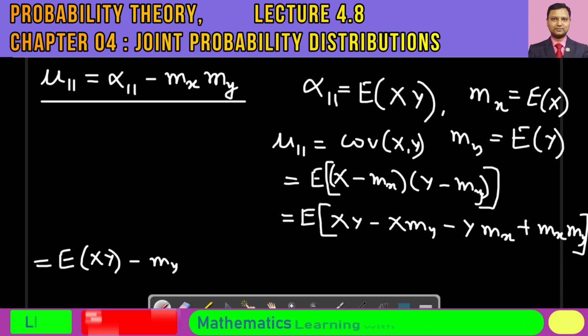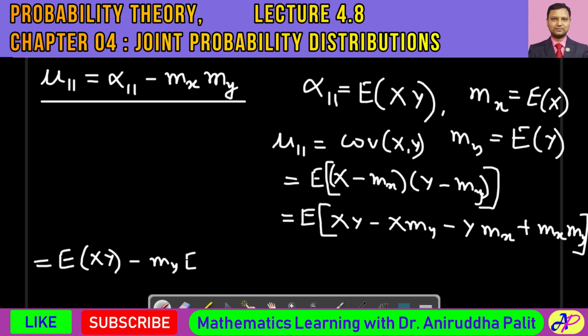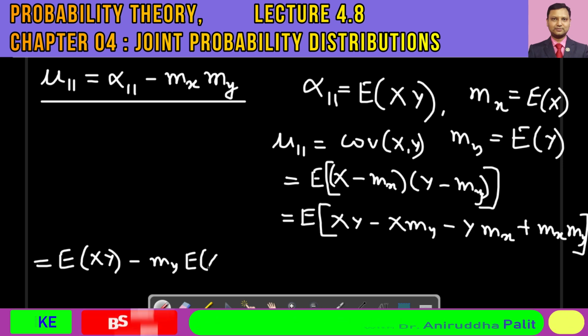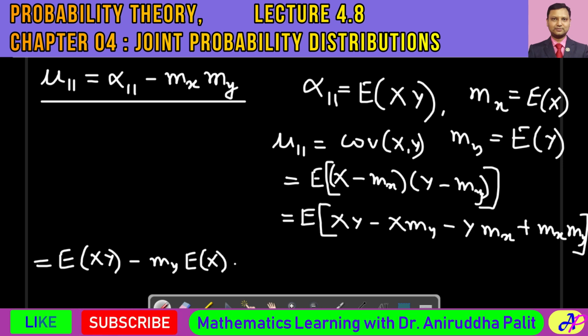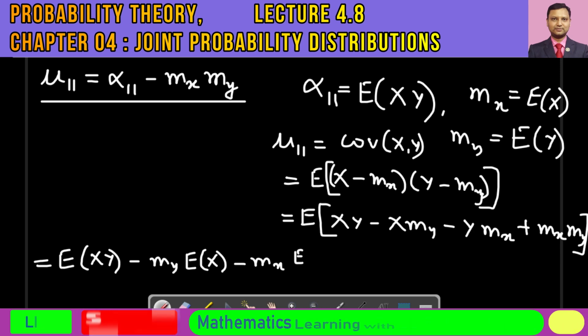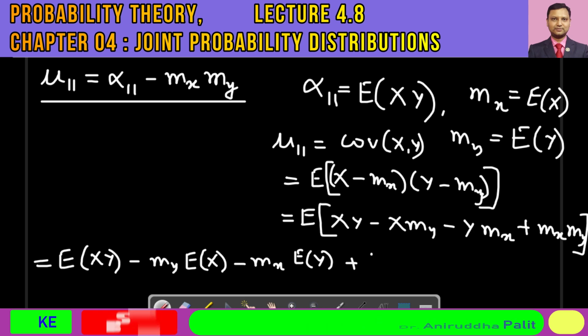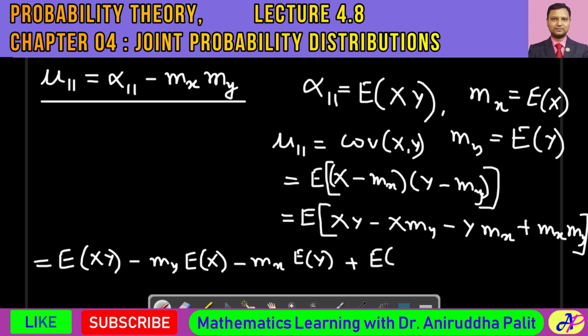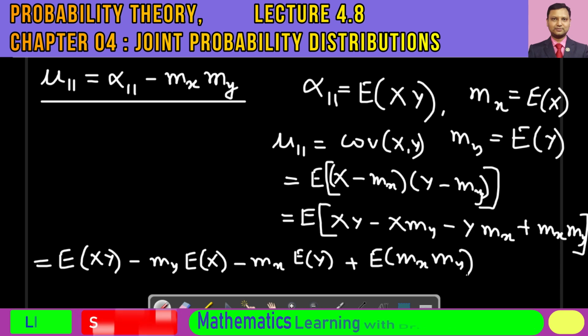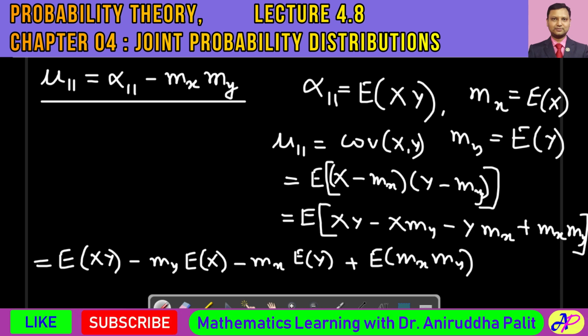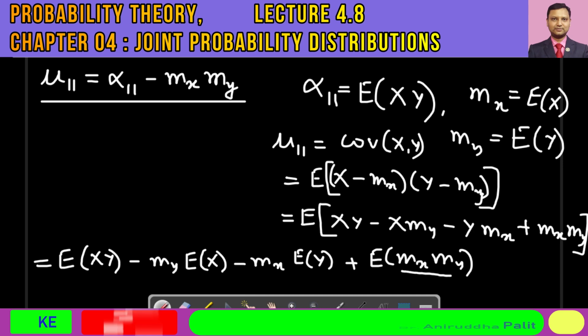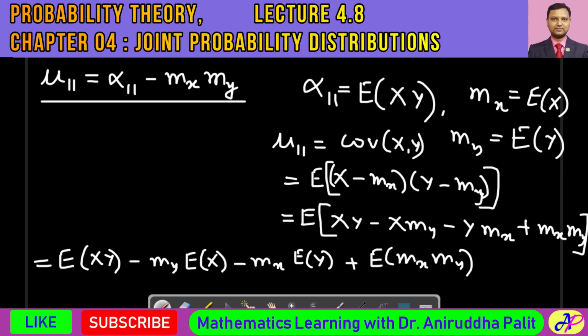Now the expectation of this total quantity would be equal to the expectation of xy minus x my minus y mx plus mx my. My is actually a constant, so we can take it outside the expectation symbol. So that would be the expectation of x into my, and the expectation of y into mx, plus the expectation of mx and my, and we know that the expectation of the constant mx my is mx into my.